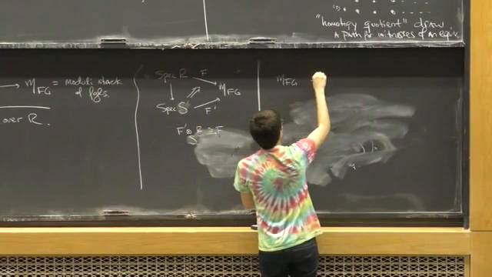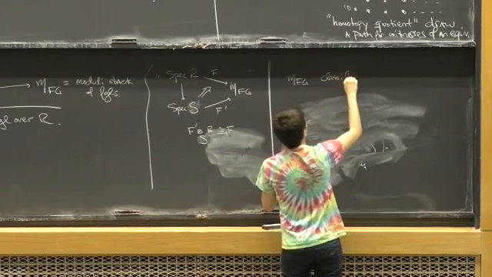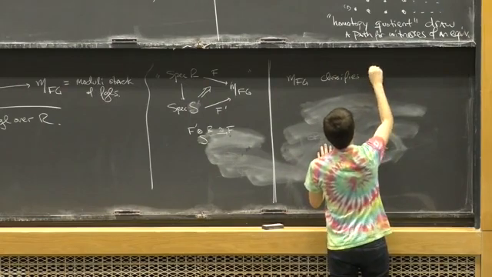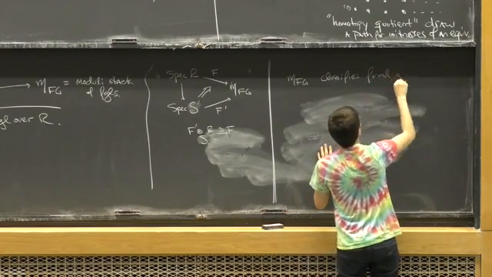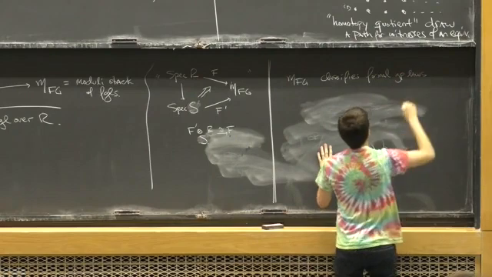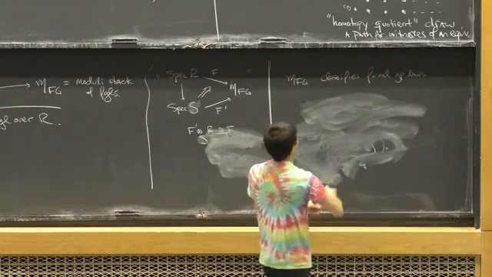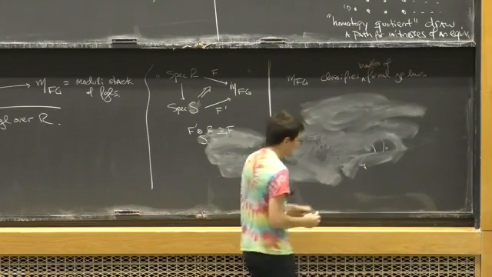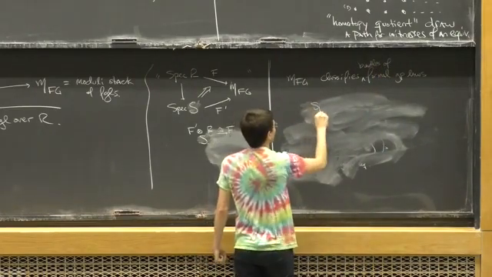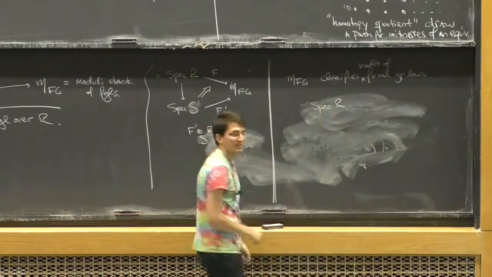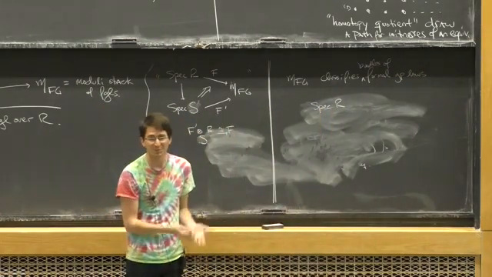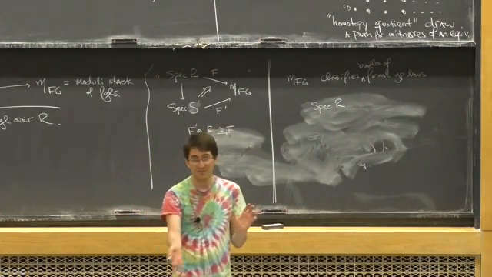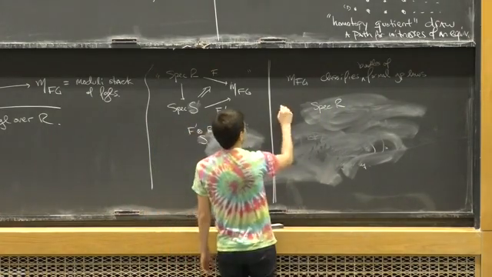MFG is like a classifying space for formal group laws. So it classifies formal group laws, but maybe something that fits with our intuition a little bit better is that what it really does is it classifies what I want to call bundles of formal group laws. Because spec R is supposed to be a space, and spec R has a lot of points in it. It has a point anytime you hand me a map from R to a field, spec of a field has just a point, and that picks out a point of spec R.